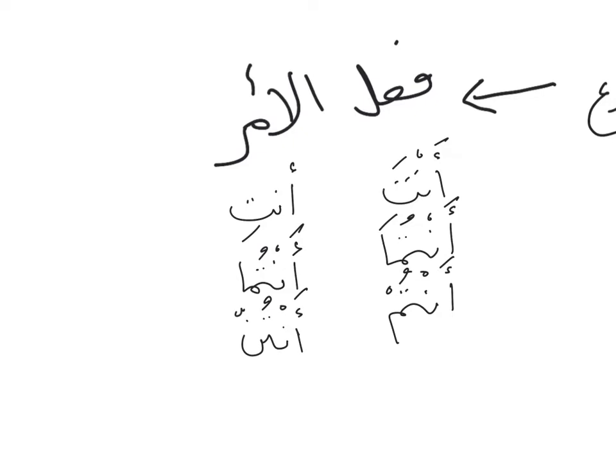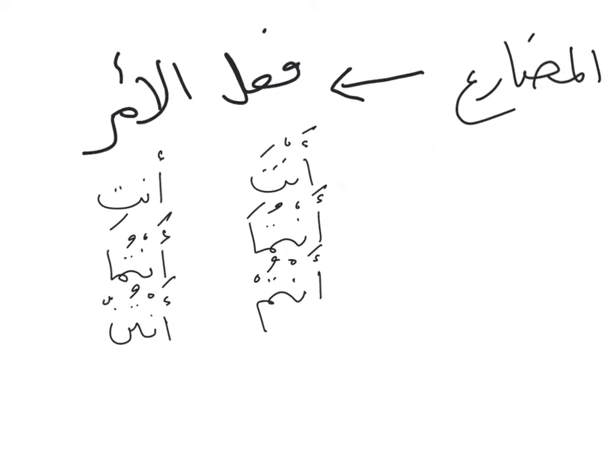It means that فعل أمر is only used for the ضمير أنت, you, أنتما, both of you, أنتم, all of you, أنتِ, you for female, أنتما, both of you for female, and أنتن for all of you, for female. So we do not use فعل أمر for هو, هما, هم, for أنا, for نحن, and هي, هما, and also هن. So these are the only ضمير that we use with فعل الأمر.